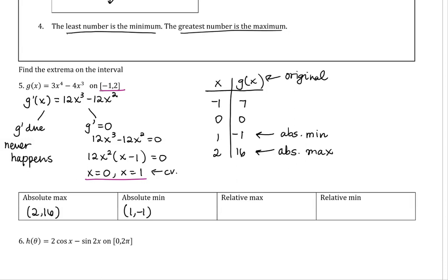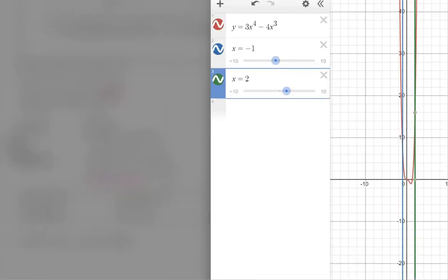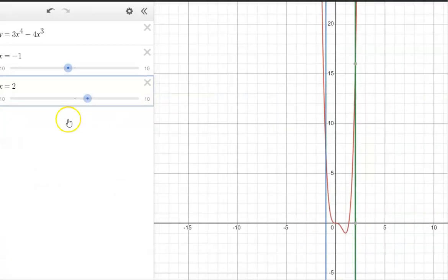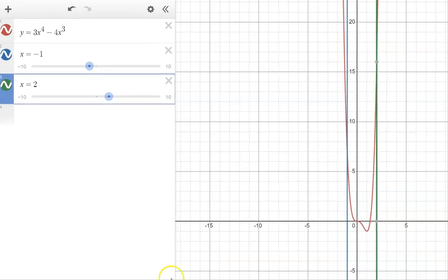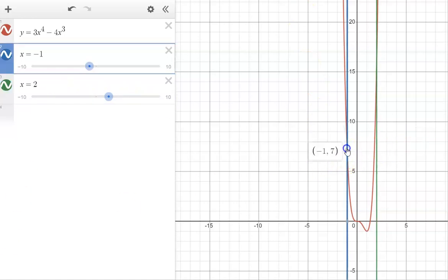And so I've graphed this on Desmos, and I'll pull the graph over here. Notice that when I graphed this function, I did make sure to include the restrictions of -1 and 2, because we're only looking on that interval. So I'm not looking past that point (-1, 7), and I'm not looking past this point (2, 16).